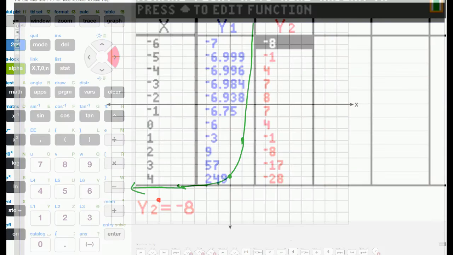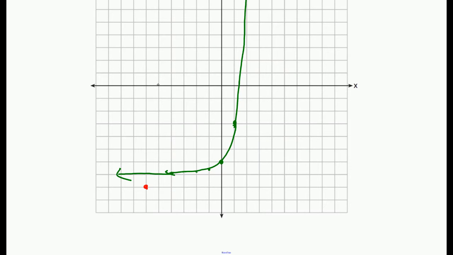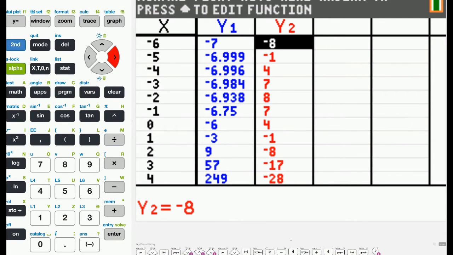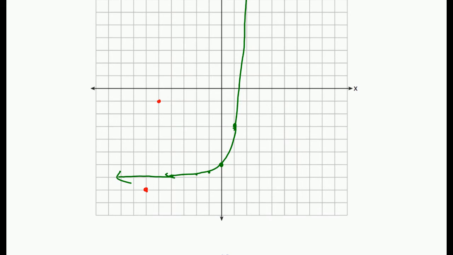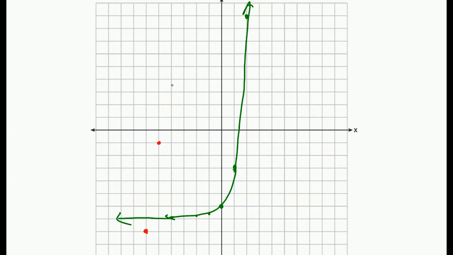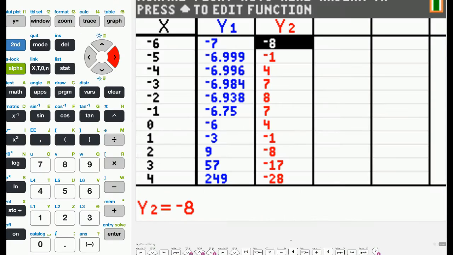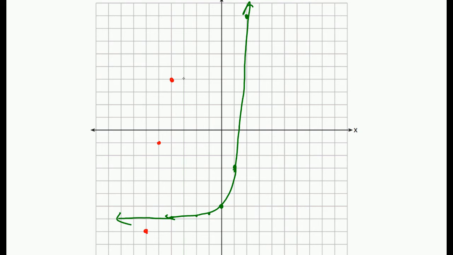Negative 5, negative 1. Negative 4, 4. Negative 3, 7. Negative 2, 8.